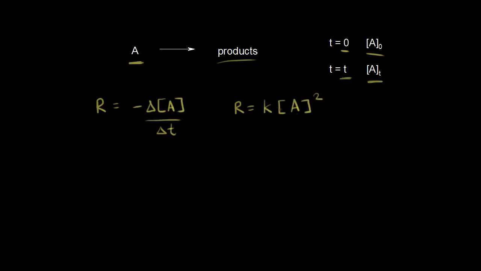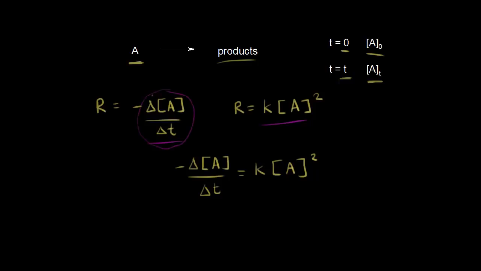Now we can set these two rates equal. We can set this equal to this, so let's do that. We have the negative change in the concentration of A over the change in time, and that's equal to the rate constant k times the concentration of A squared. Next, we need to think about our calculus, right? So instead of expressing this as an average rate, change in A over change in time, we can think about the instantaneous rate, right?